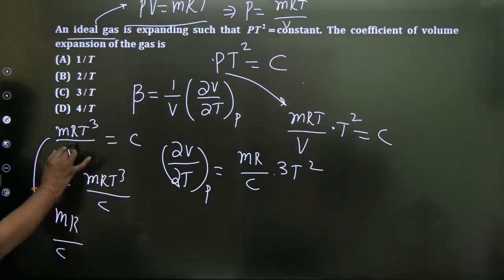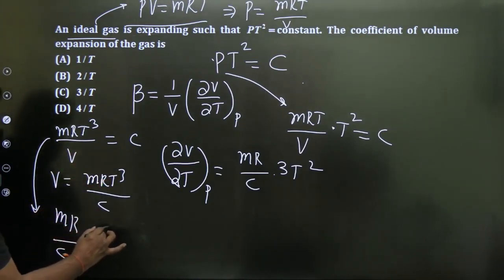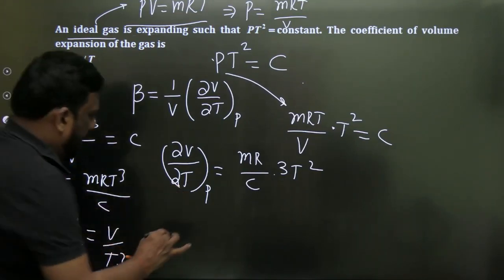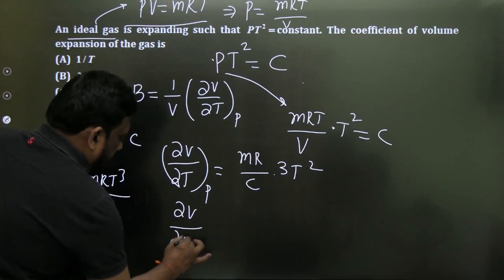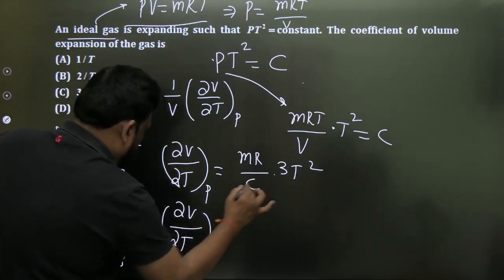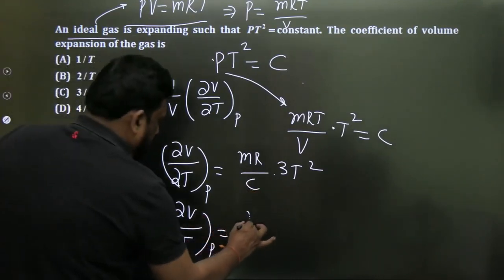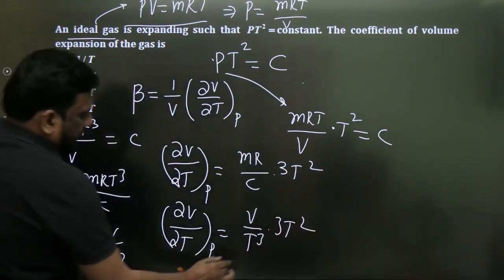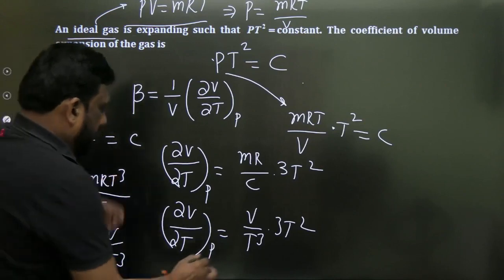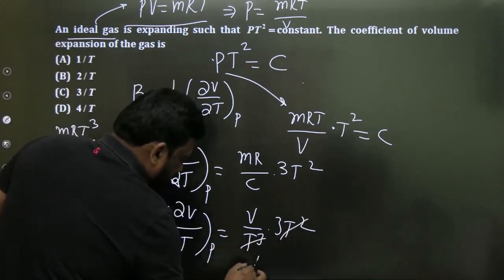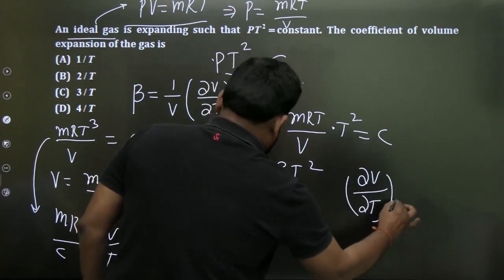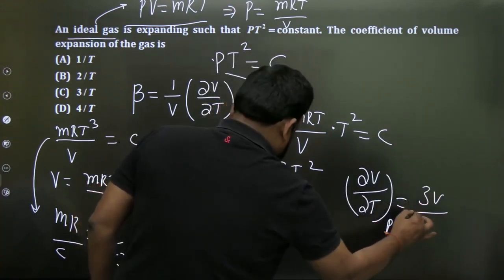MR by C can be written as V by T cube. So dou V by dou T at constant pressure is V by T cube into 3T square. So this T square, this T is gone. We are left with dou V by dou T at constant pressure equal to 3V by T.